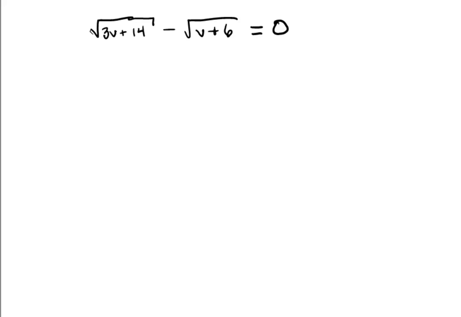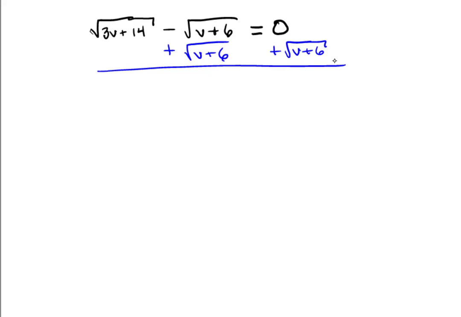What you really need to do here in order to do it correctly is add one radical to both sides of the equation so that you have the radical of 3v plus 14 on the left and the other radical, which is v plus 6, on the right.